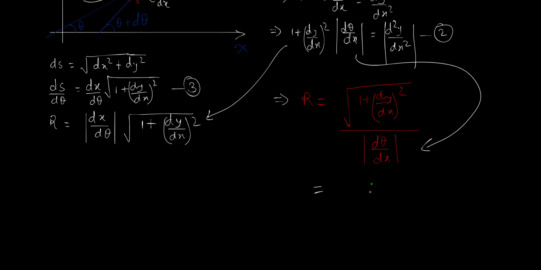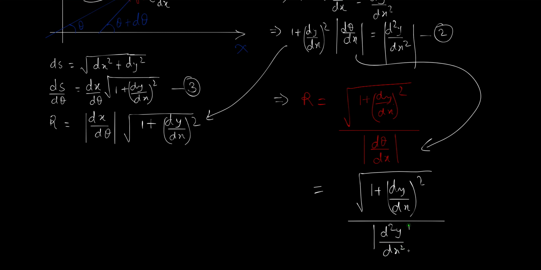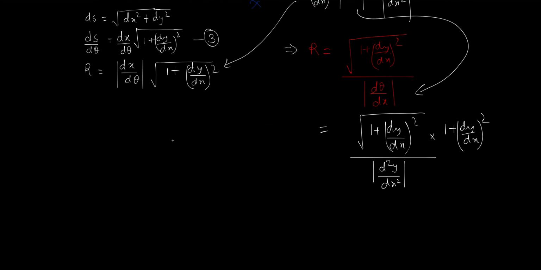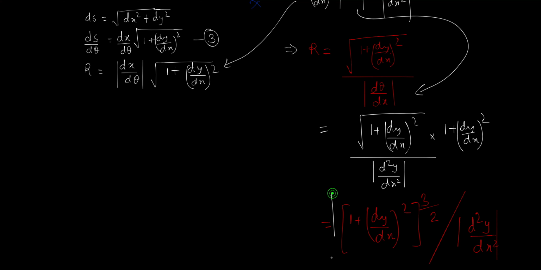The mod of d theta over dx is the mod of d2y over dx squared upon 1 plus (dy/dx) whole squared, which goes into the numerator. Finally you will get 1 plus (dy/dx) whole squared to the power 3 by 2, upon the mod of d2y over dx squared. This is the final result for the radius of curvature.